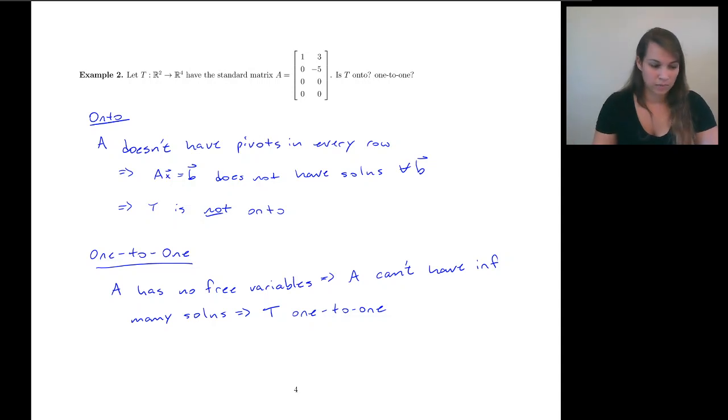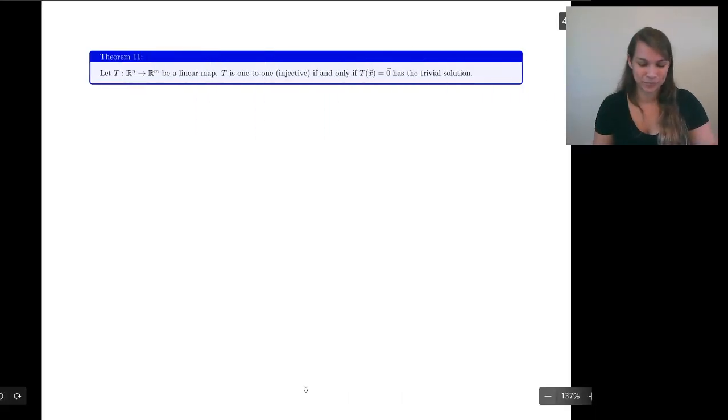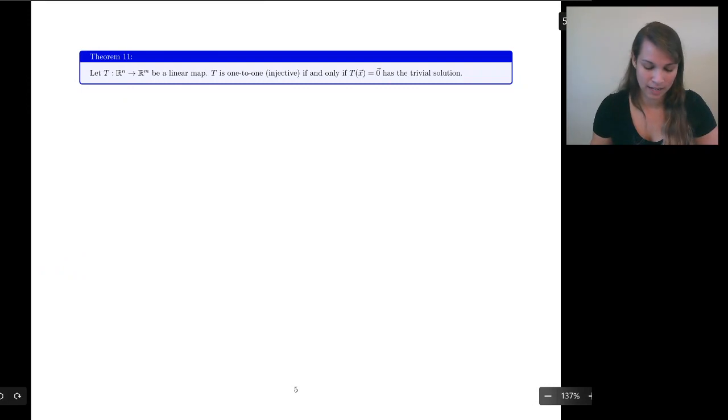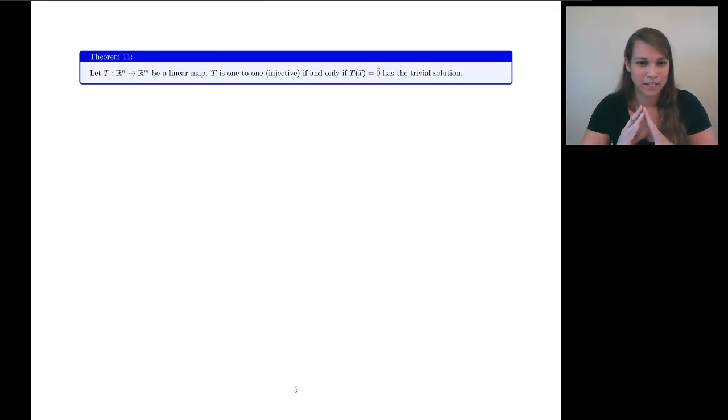So we're about to go into some more theorems that are going to give us other ways to think about how we use one-to-one and onto, and they're really useful. They get used a lot. So theorem 11, because it's theorem 11 in your book, yay for renumbering. We have T is a linear map.